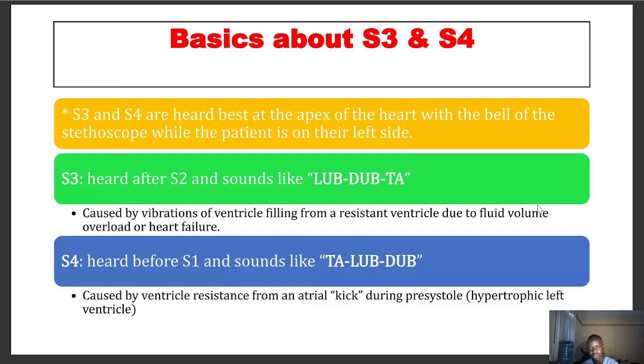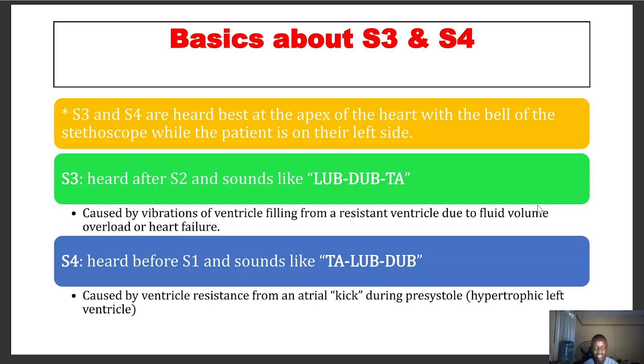S3 we hear after S2, and it sounds like lub, dub, ta. It's caused by vibration of ventricular filling into a resistant ventricle due to volume overload or even heart failure. If we have volume overload or heart failure, this means there will be resistance during ventricular filling, so it will always cause S3.